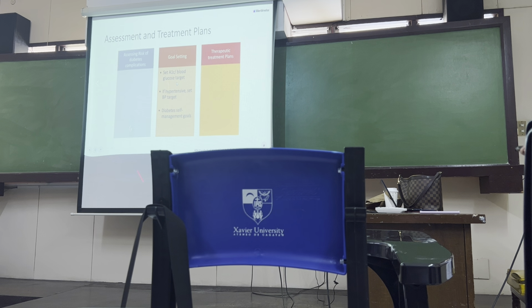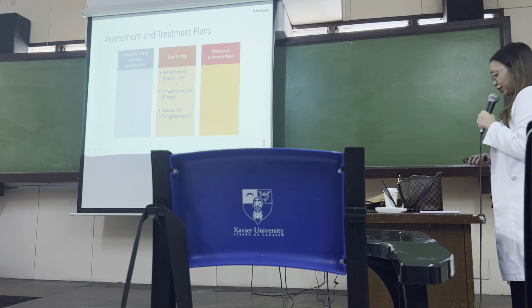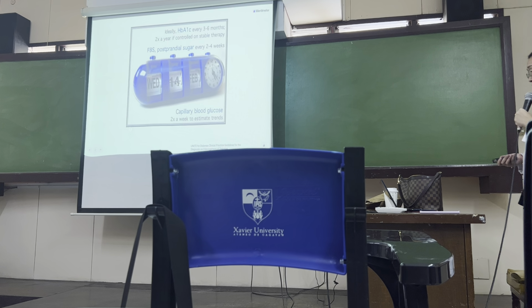So after we assess for the risk, then we set our goals. Okay? For glycemic control, we set our A1C and blood glucose targets. If your patient is hypertensive, we set our BP targets and diabetes self-management goals. In terms of A1C, it should be requested at least every 3 to 6 months, twice a year if the patient is stable.